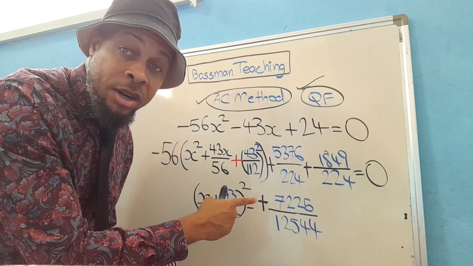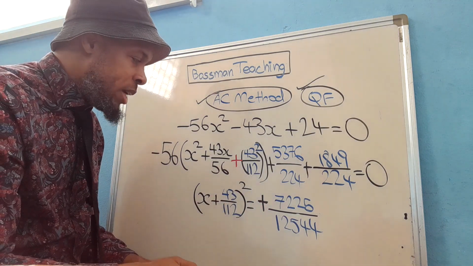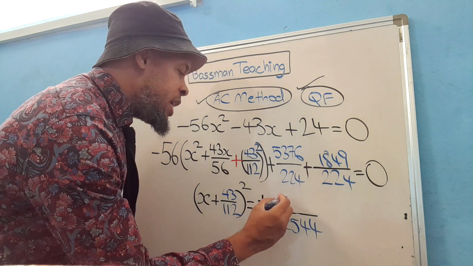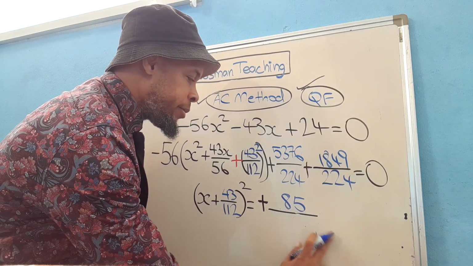And remember what we did before? 85 times 85 gives you this. So therefore, we could not waste time. This is 85 and this is 112. Right?